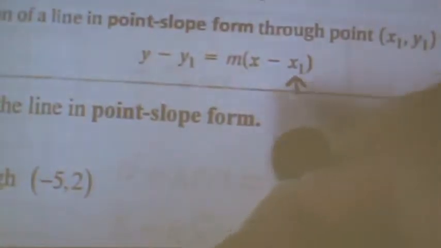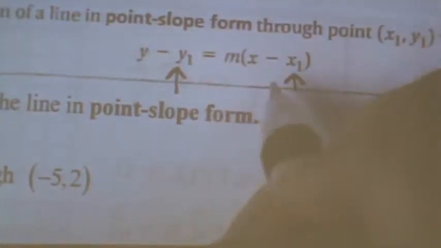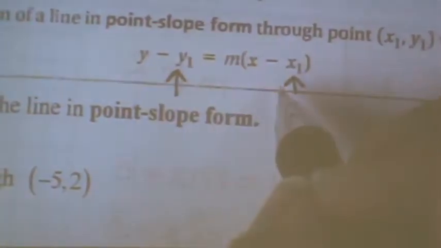Okay? Now, do you remember this formula, point slope? If you are given a point, and the point shows up as the x1 and the y1, and the slope, you use this formula. You do not put the x and the y in the first spot.